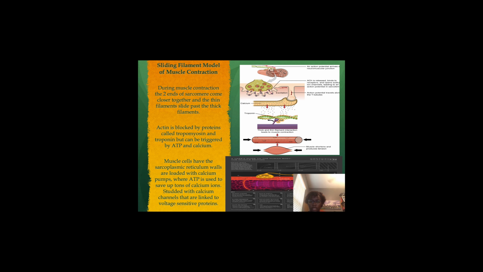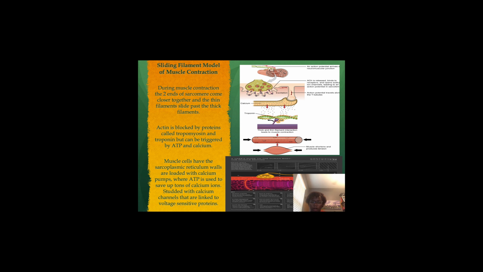This triggers the voltage sensitive proteins that are linked to the calcium channels on the sarcoplasmic reticulum. Calcium ions start to bind to the troponin, allowing the tropomyosin to pull away from the actin strands. Then the myosin that is binding to the new sites has ATP attached, which will be broken down into ADP and phosphate.